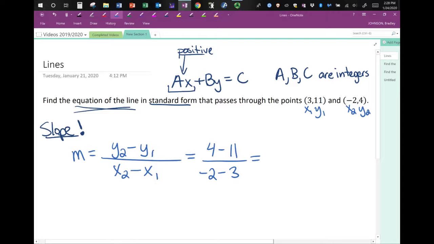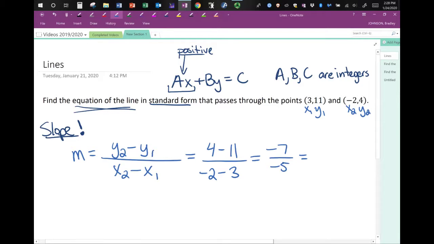Now, truly order doesn't matter. If you picked (3, 11) to be the second point and (negative 2, 4) to be your first point, you could flip-flop the points. Just stay consistent when you're working with your slope formula. Now, 4 minus 11 gives you negative 7. Negative 2 minus 3 is negative 5.